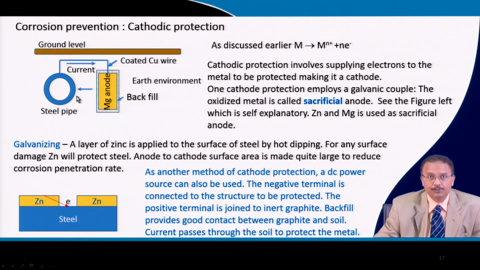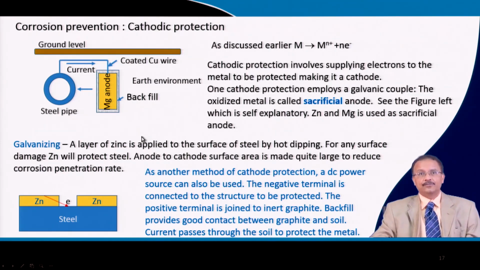For underground protection, a sacrificial anode in the form of magnesium is used. This magnesium or zinc used as a sacrificial anode eventually supplies electrons to the steel pipe, so it does not get corroded, it acts as the cathodic material, and the anode corrodes. This is one form of protection.